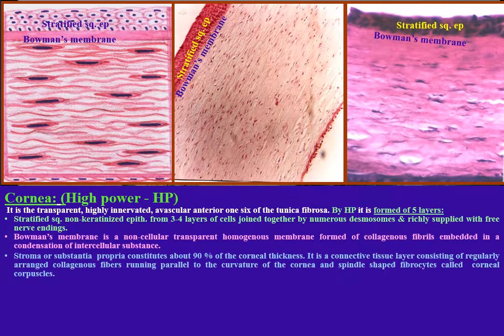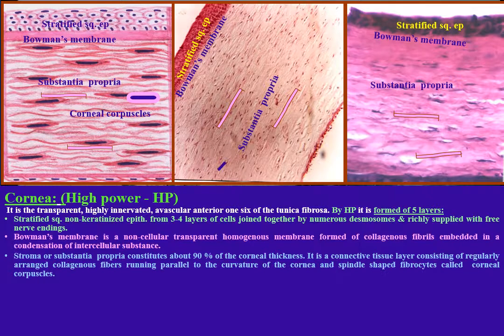intercellular substance. Stroma, or substantia propria, constitutes about 90% of the corneal thickness. It is the connective tissue layer consisting of regularly arranged collagenous fibers running parallel to the curvature of the cornea, and spindle-shaped fibrocytes called corneal corpuscles.